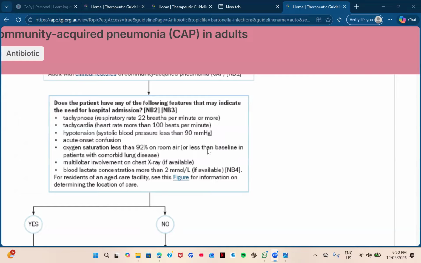So tell me, what are those features, doctors? You don't have to specifically remember these things; you know these features, right?